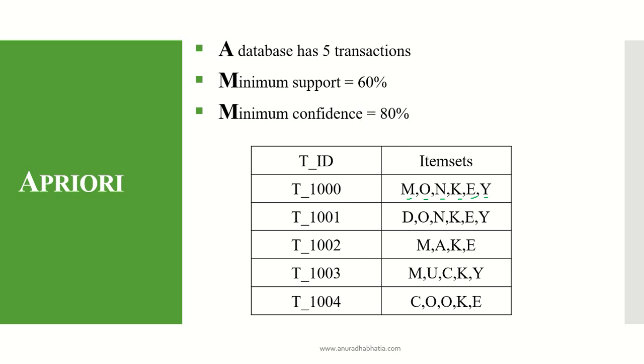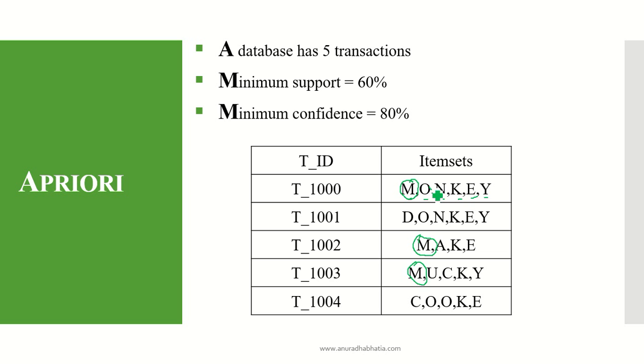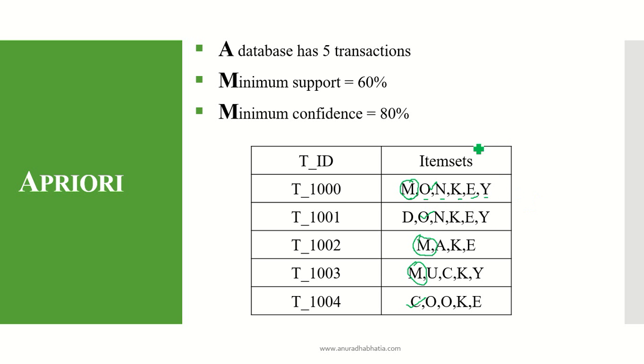If you take M as an example, it is in transactions 1, 2 and 3. So the support value for M is 3, which is written over here. For O, the support value is again 3; it happens in 3 transactions. For N it is 2, and for K it is 5, as K is present in all the 5 transactions: 1, 2, 3, 4 and 5.